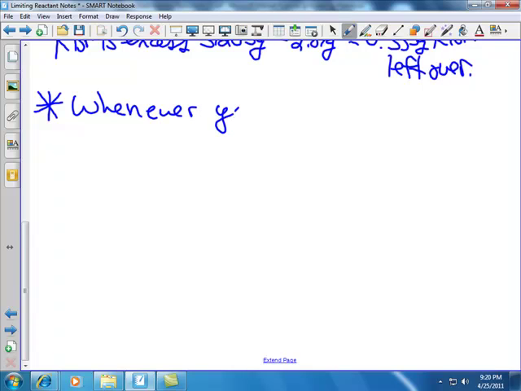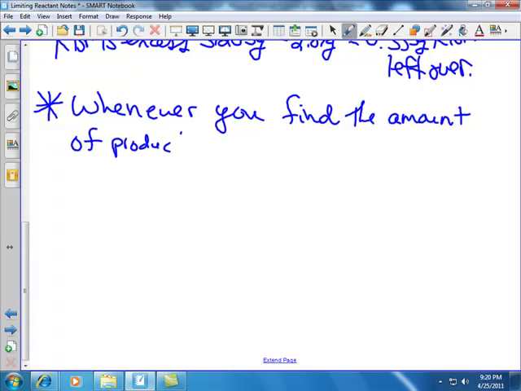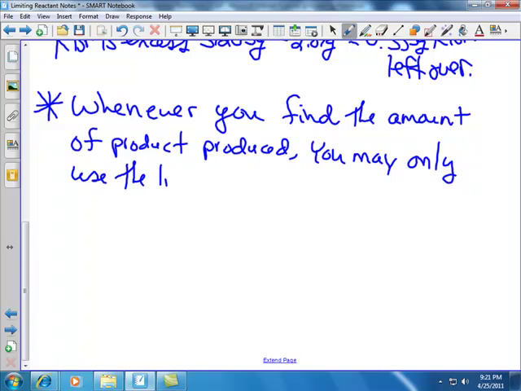Whenever you find the amount of product produced, you may only use the limiting reactant.